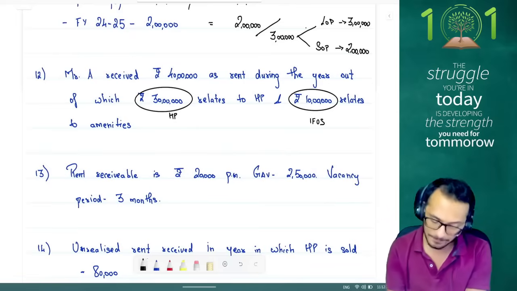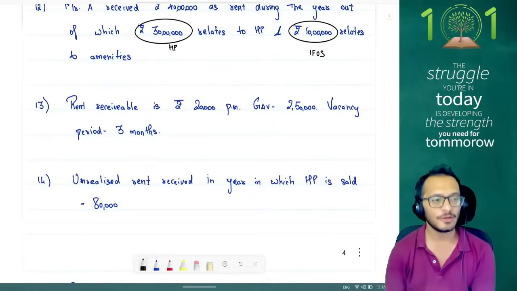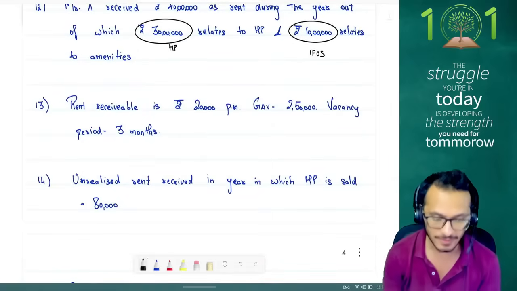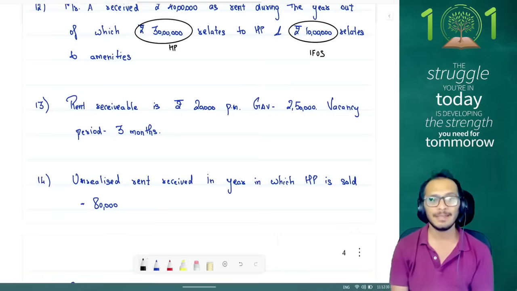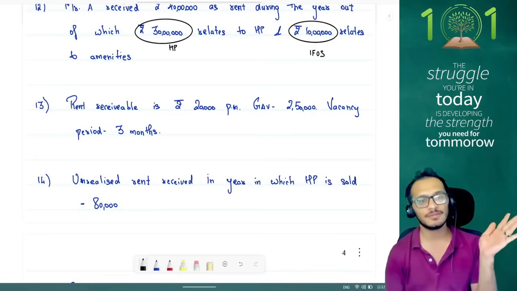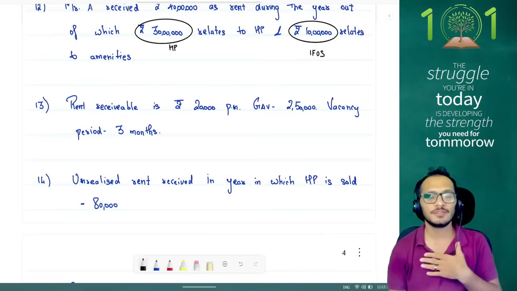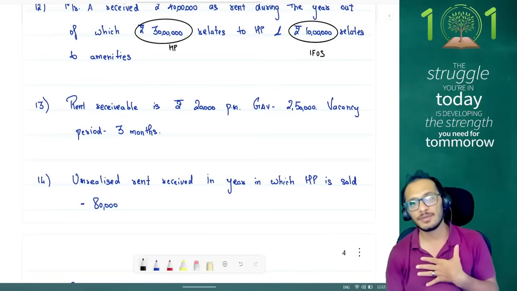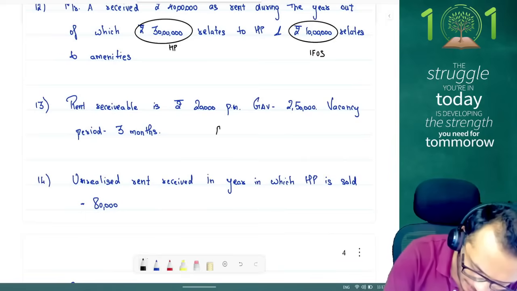Keep that in mind. Yes, next, the very important part on 13, people, which says if your rent receivable is 20,000 rupees per month and the GAV is given as 2,50,000, vacancy period is 3 months. Question says per month I would have received a rent of 20,000. Yes, my GAV has come to 2,50,000, which means on a yearly basis, I would have paid 2,40,000 to government. My actual rent has come to 2,40,000.